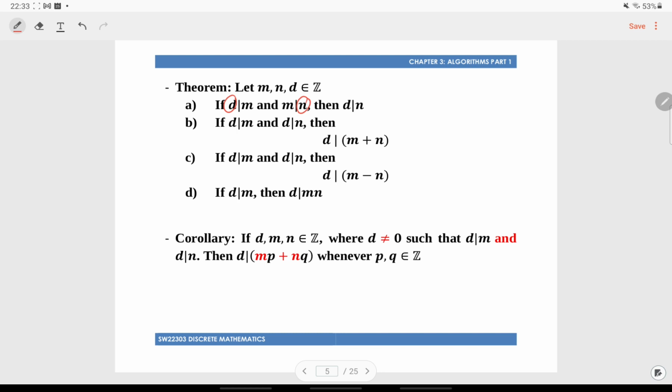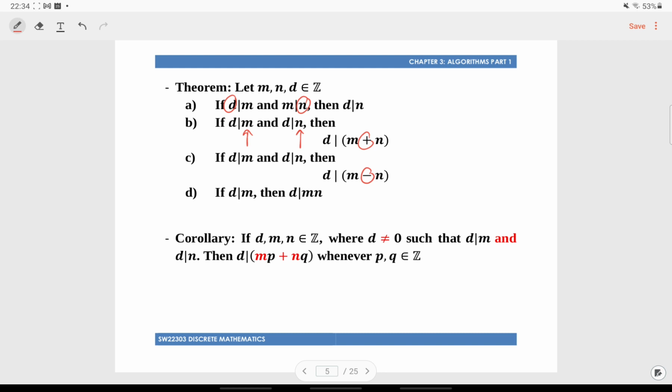If d divides m and d also divides n, that means d divides m plus n, and also m minus n.